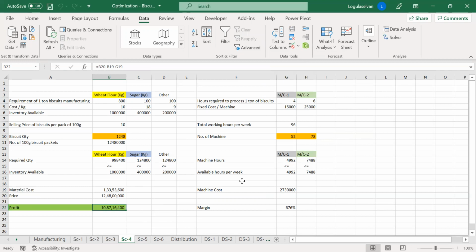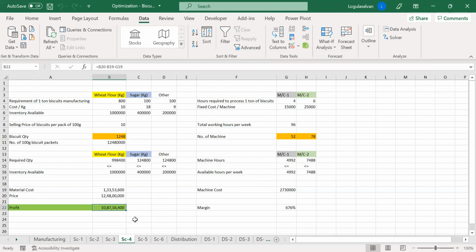So here we will stop this session. Furthermore, we will take you through calculating the profit and how the company can improve their profit considering different constraints.